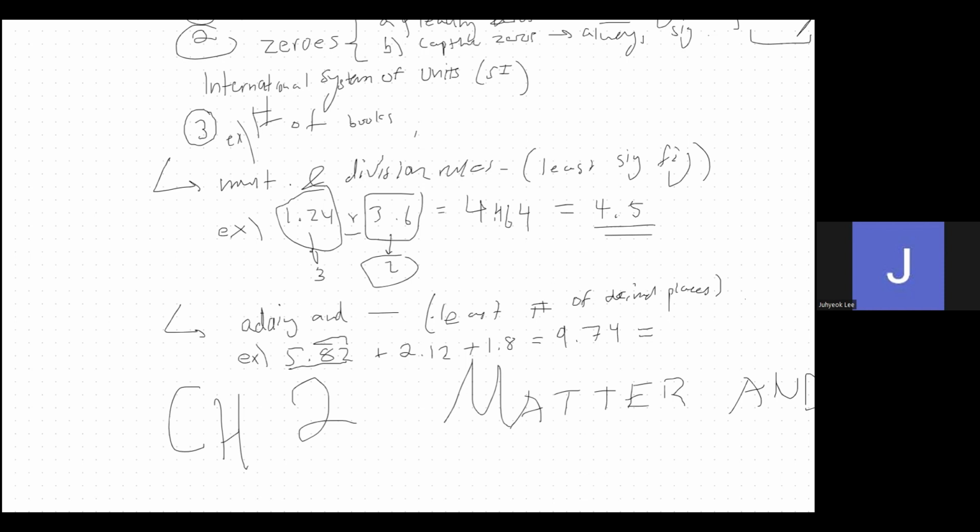This number has 2 decimal places, and this one has 1. So we're going to take only one decimal place. So this would actually round to 9.7. So keep in mind the difference of significant figures and what to do when you're multiplying, dividing, or adding and subtracting in science.